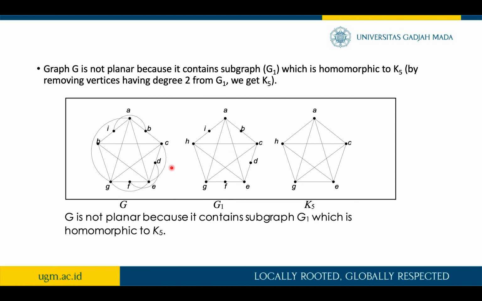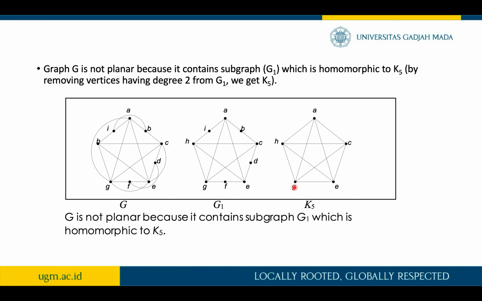This is another example. G is not planar because it contains a subgraph which is homomorphic to K5. Here, by removing vertices having degree 2 from G1, we get K5. So as you can see, this one is homomorphic to K5.